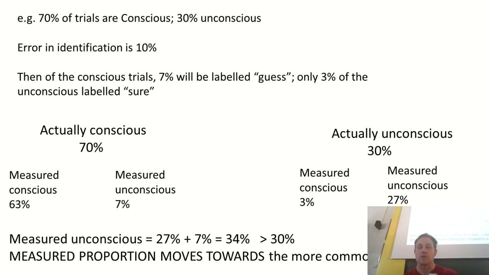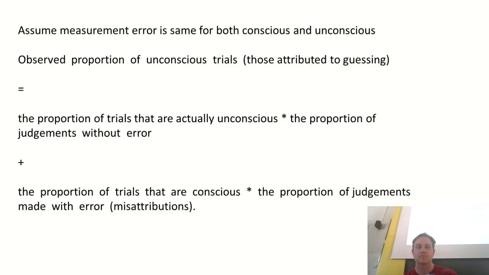That's the 7% there. Plus the degree to which you're measuring correctly, 1 minus the error, times the number that are actually unconscious. And that's what I've written down here. So I've just written down abstractly the concrete case I took you through before, so it's not tied to 70% or 10% or anything in particular.